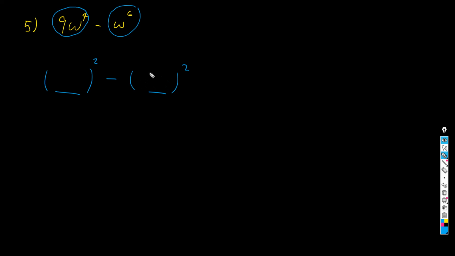What number should I place here, what term, such that when I raise it to the square I get w to the 6? Okay, so let's first look at the coefficient and take the square root of that.